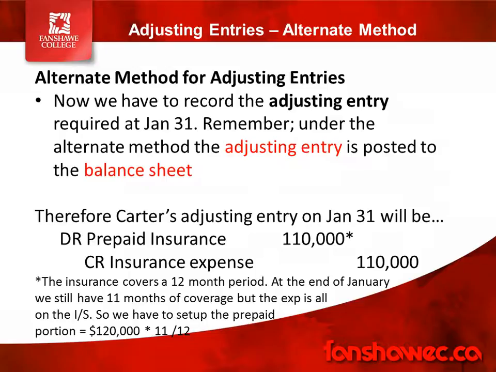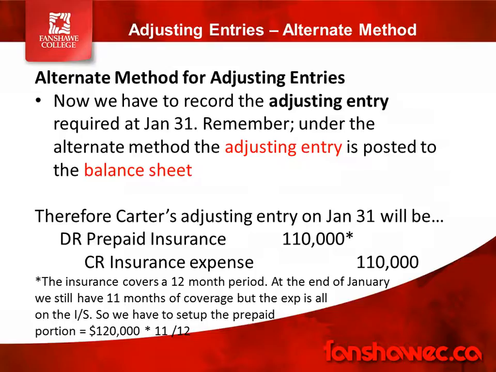Now here's the trick. Once you've set up the prepaid insurance and pulled it out of insurance expense at the end of January, take a second to think about what the entry would be at the end of February. So again, 1 month has passed.